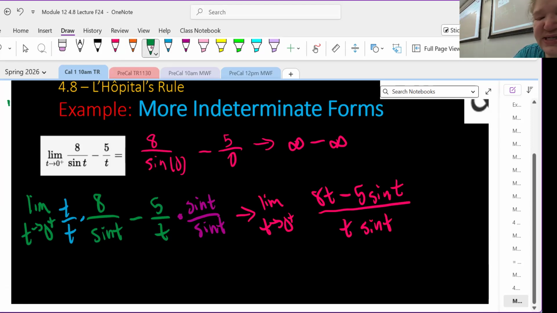So combining the fractions together, I have 8t minus 5 times sine t all over t sine t.